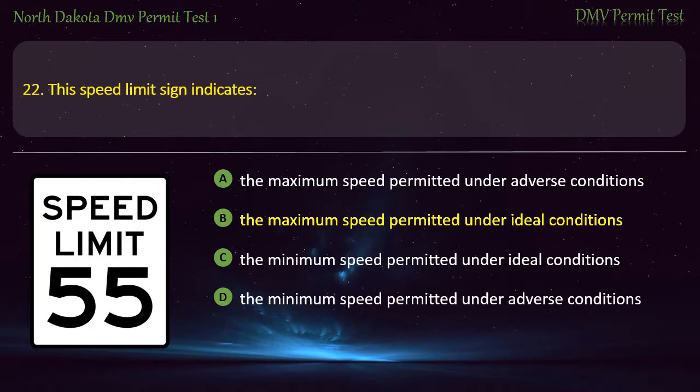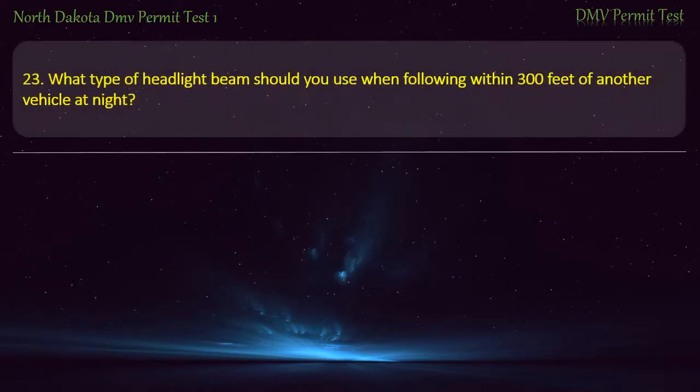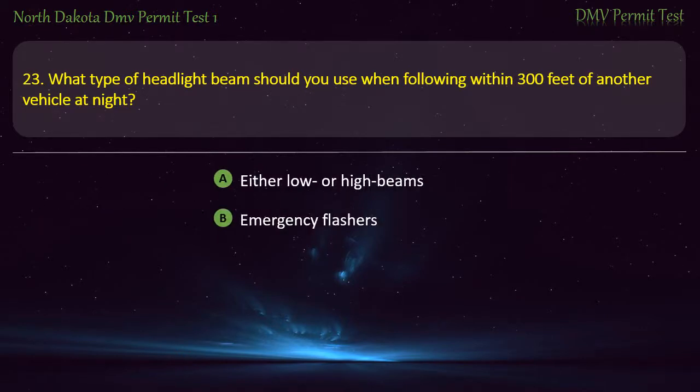The maximum speed permitted under ideal conditions. Question 23. What type of headlight beam should you use when following within 300 feet of another vehicle at night? Either low or high beams. Emergency flashers. High beams. Low beams. Answer. Low beams.